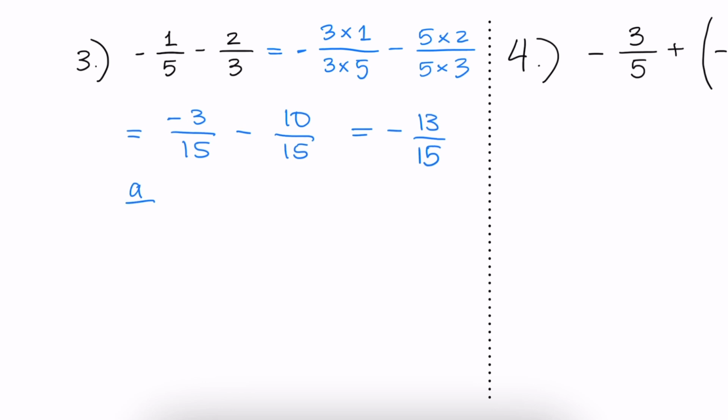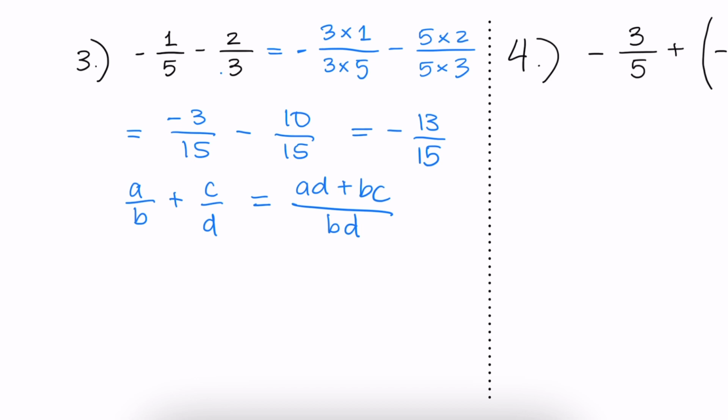Now, let's try this with the other way I mentioned. So let's just say a over b minus or plus c over d. So the essential formula, you can call it, is AD plus BC over BD.